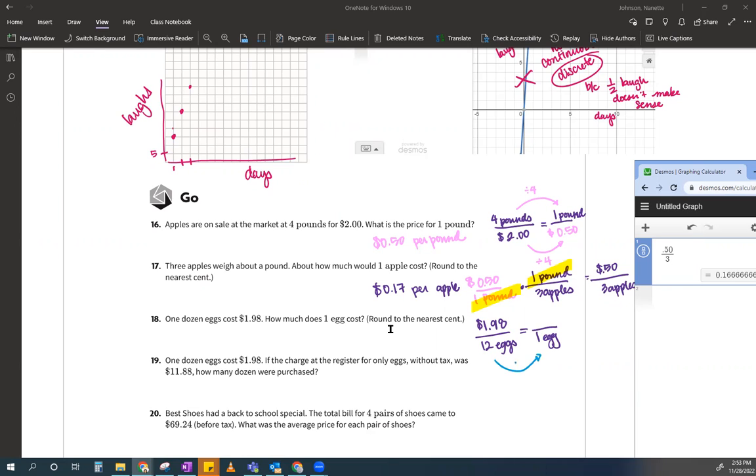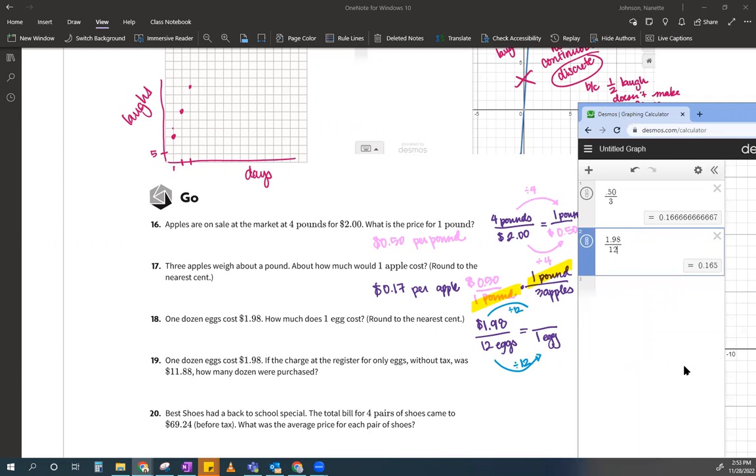So $1.98 divided by 12. And you can't see the answer, but it's 0.165, so about 17 cents per egg. Which in this case, it's the same price as an apple.